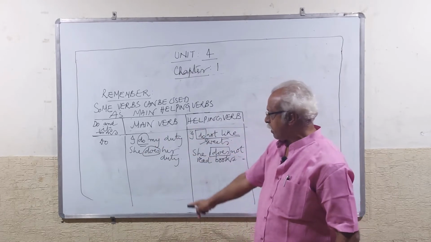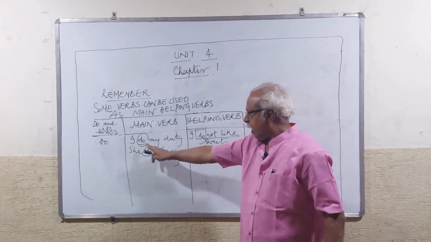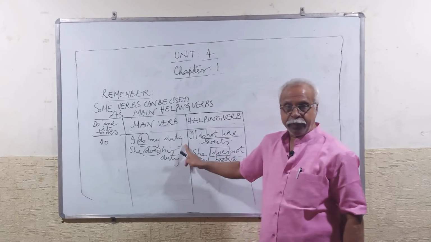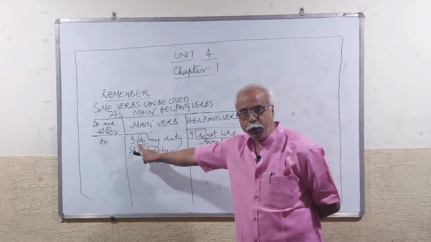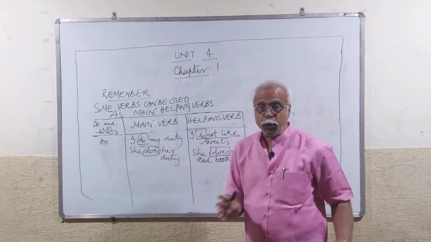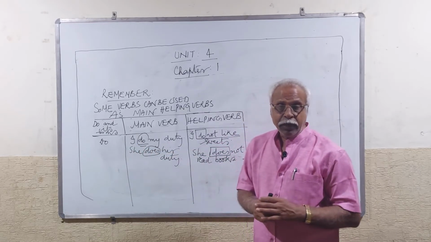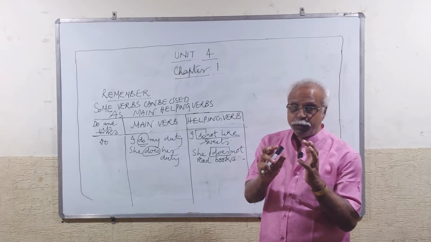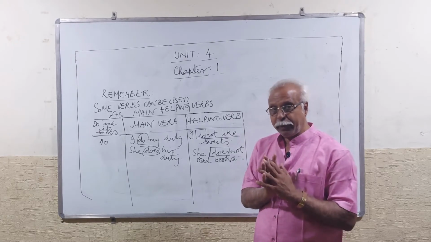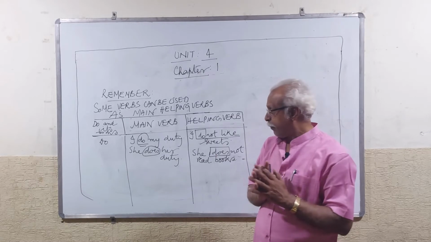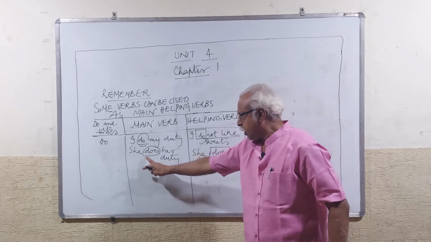Take this, understand? Main verb. I do my duty. Here, what is the verb? Do only. There is no other verb in the sentence. When you find do alone, it becomes a main verb. Remember. You catch the point. Next, she does her duty.